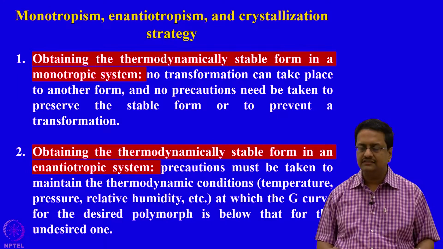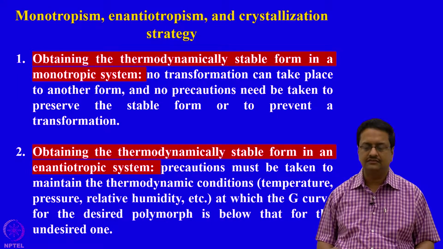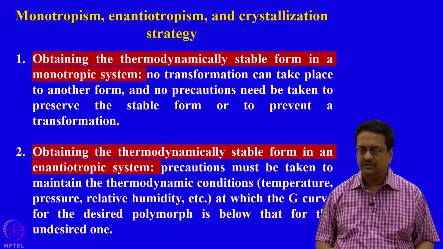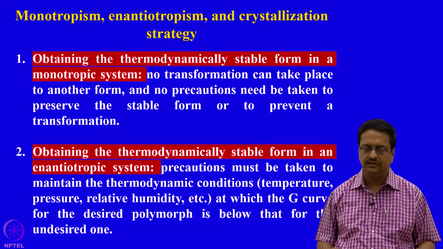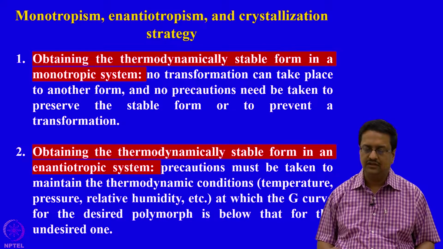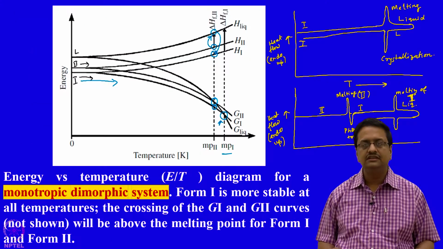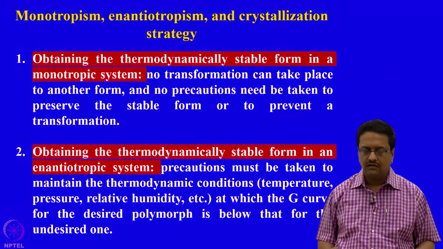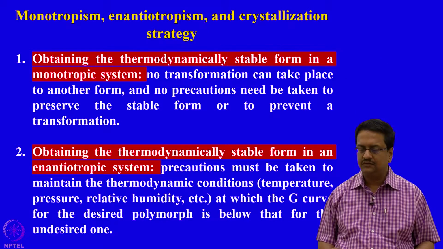So, in this case, no transformation can take place to another form, and no precautions need to be taken to preserve the stable form or prevent a transformation, simply because the G curves of form 1 and form 2 do not intersect.